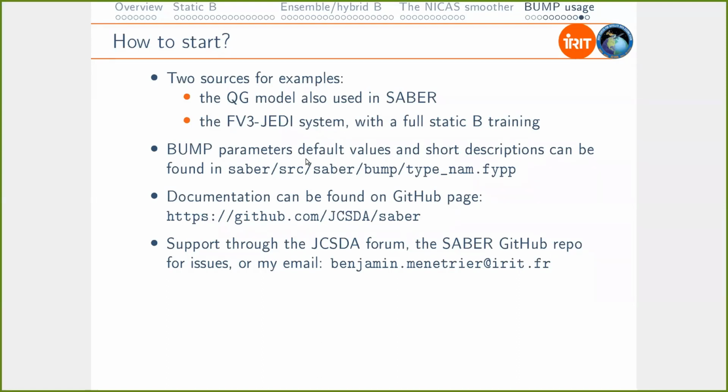For the BUMP parameters in the YAML, you can have a look at this file here in the typename file, where you have the default values and a short description of all the parameters. There is some documentation on the GitHub page, and you can get some support through the JCSDA forum, the SABER GitHub repo, or just my email if you need help.